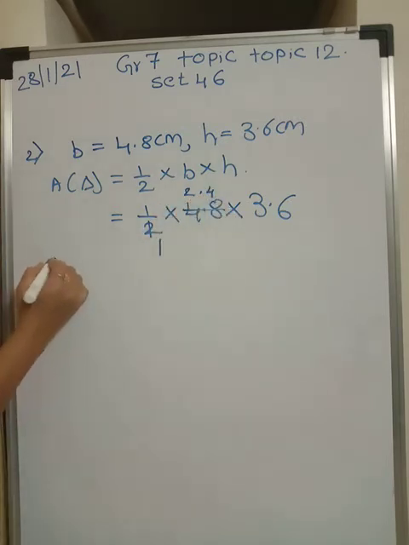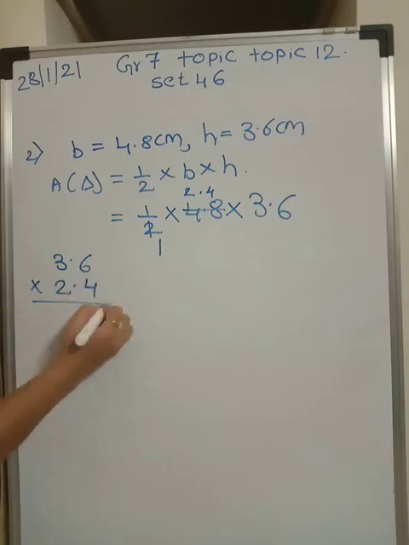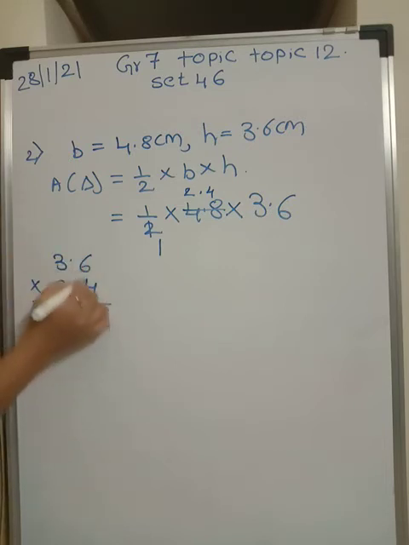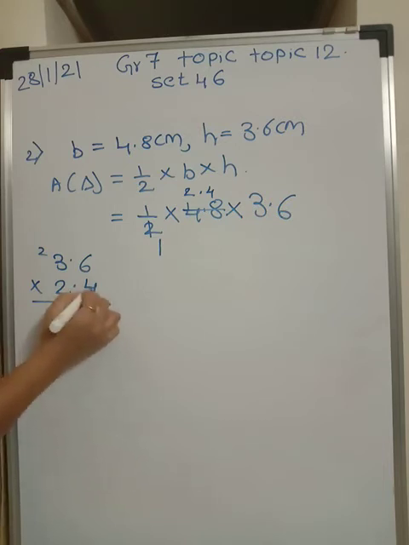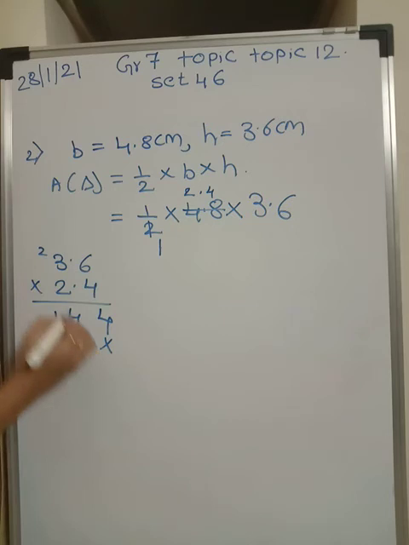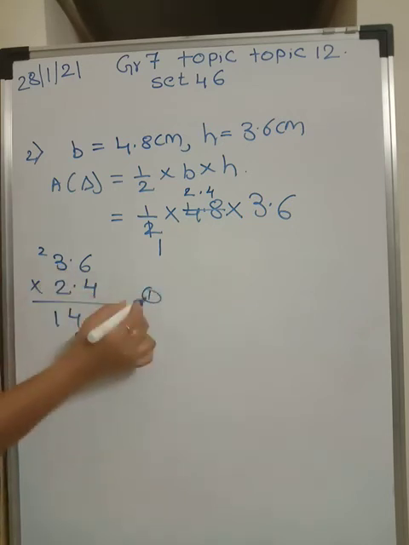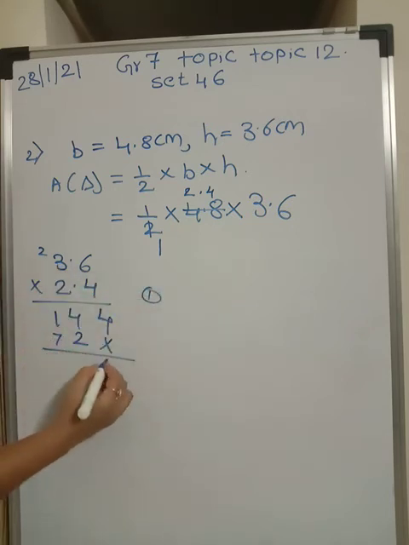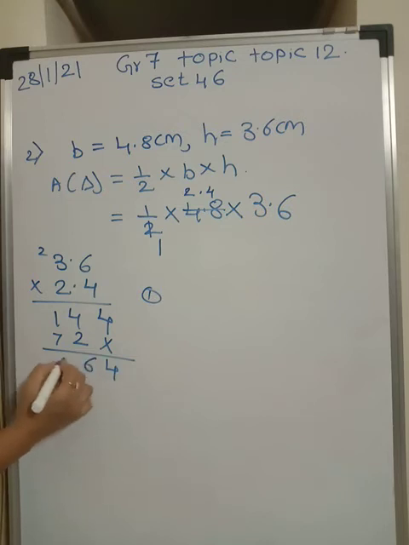So we got 3.6 into 2.4. Okay, carry out this multiplication. 4 sixes are 24, 4 threes are 12 and 2 is 14, then 2 sixes are 12, carry over 1, 2 threes are 6 and we have 7. So we have 1 4 4 and 7 2 and so on.